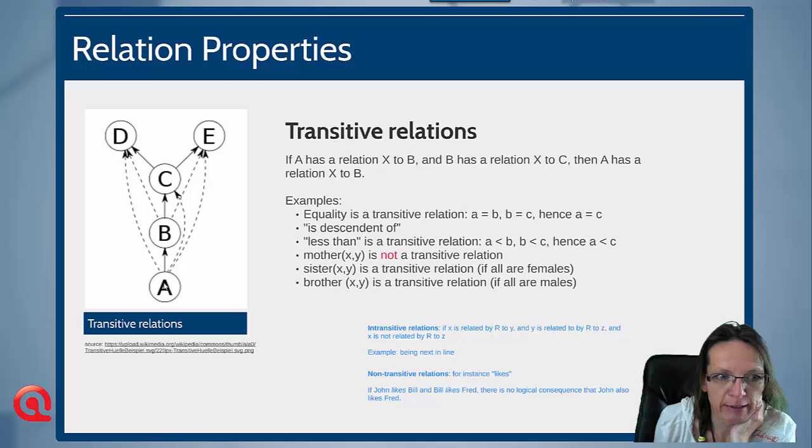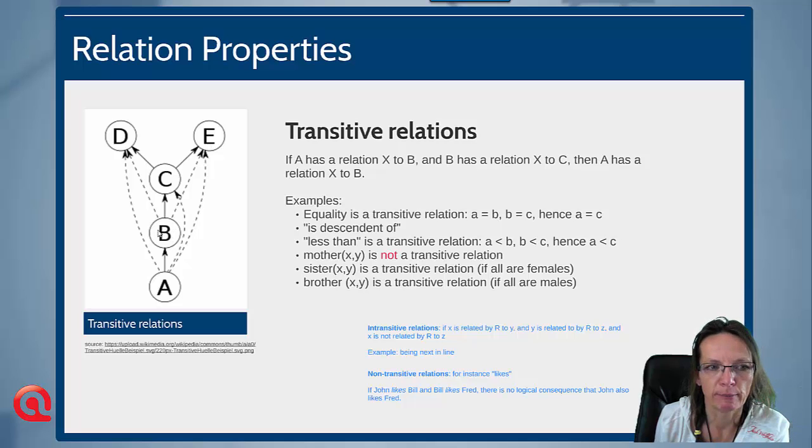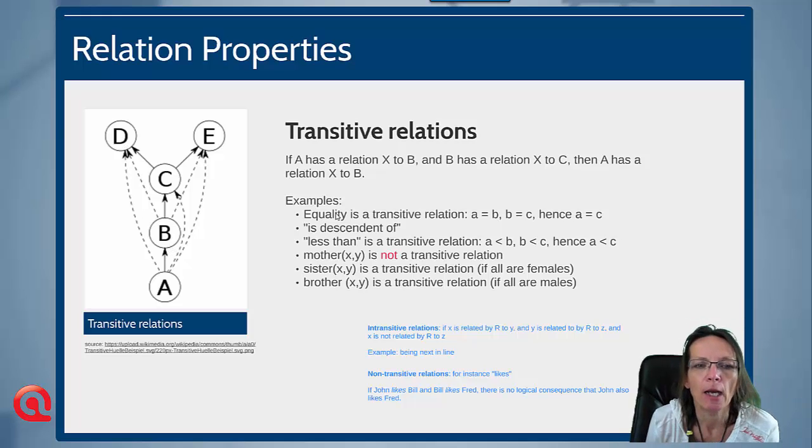So if A is linked with a transitive relation to B and then B to C, then also A is related to C. And then this is also extended to D and E. That also means the relation will also hold between B and E, between A and E, and also between A and D, and also B and D.